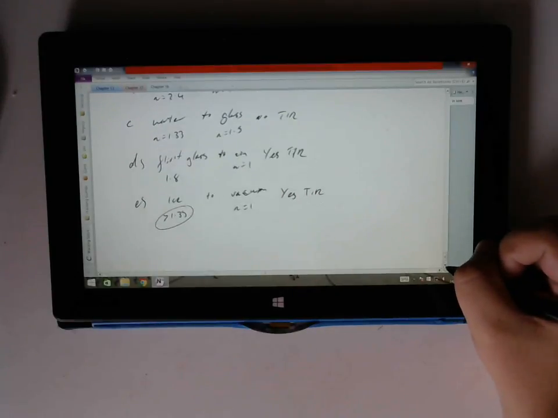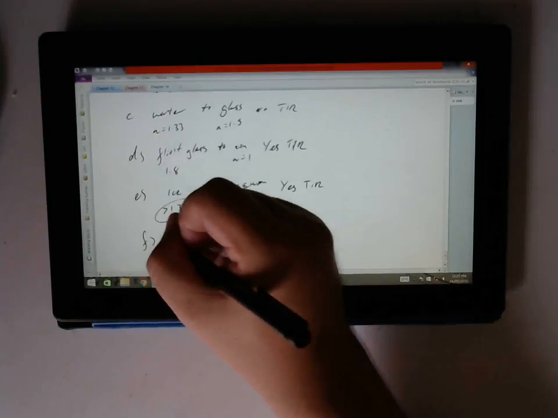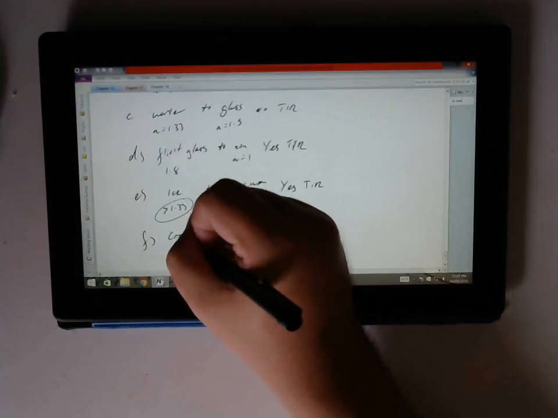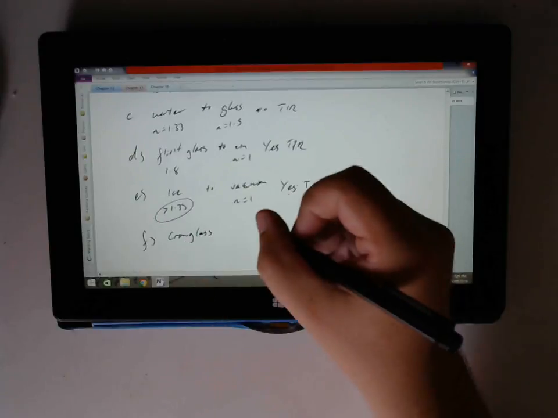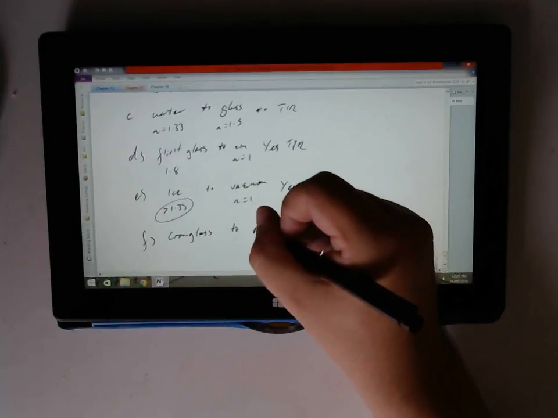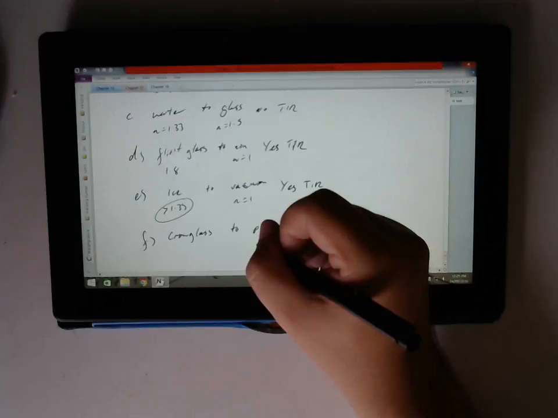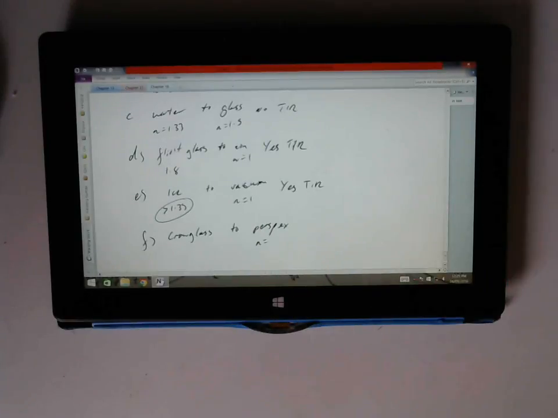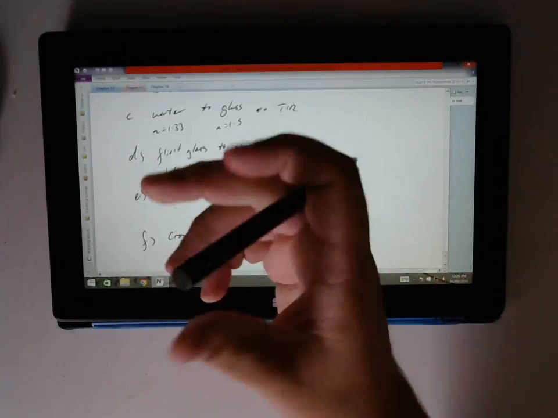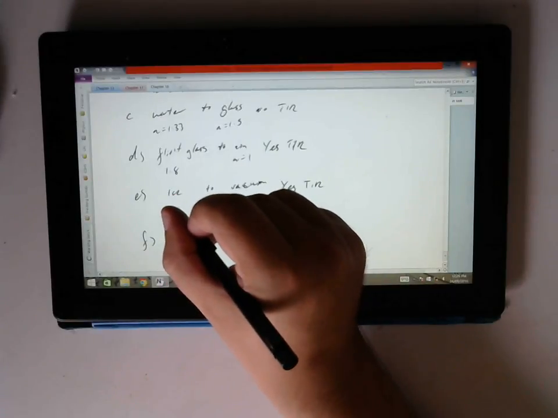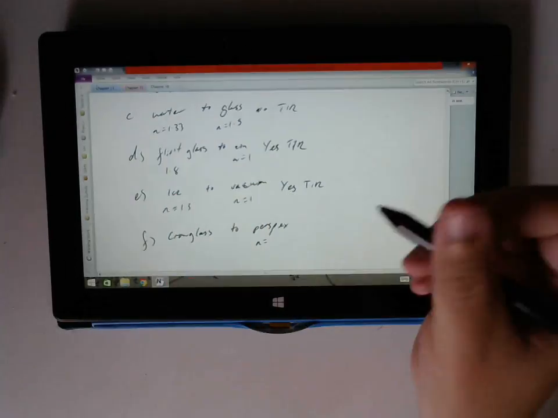And finally, F, crown glass to perspex. Sorry, my handwriting's terrible there. I'm not sure on either of those values, so let's go back to our table right at the top. I may as well check ice while I'm there, actually. Ice was 1.3, a little bit less. Oh, yes, I suppose ice is less dense than water, isn't it? 1.3. The answer is still the same.